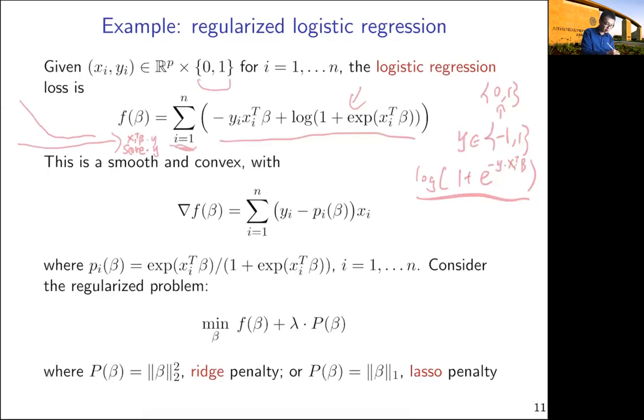If your score is positive and the true label is 1, then you end up getting something that's close to 0 on this leg. And if your prediction has a different sign to y, then you suffer a large loss that shoots up linearly. You can think about this as a convex surrogate of the 0, 1 loss, which gives you a loss of 1 when your prediction is wrong, and a loss of 0 when your prediction is correct.